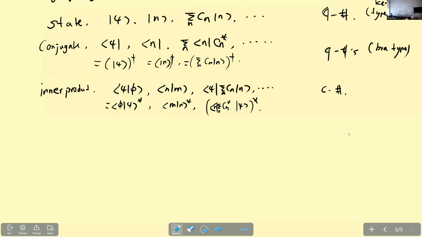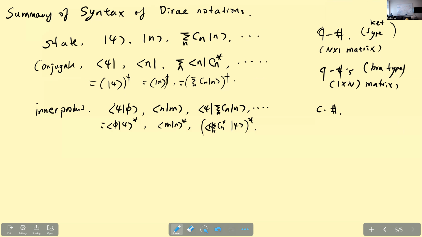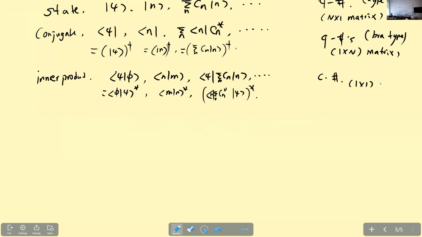Or if you want to use a matrix form, this is a 1 times m matrix, this is an m times 1 matrix, and this one is a 1 times 1 matrix. But it can also be understood as an identity matrix times C, a constant.